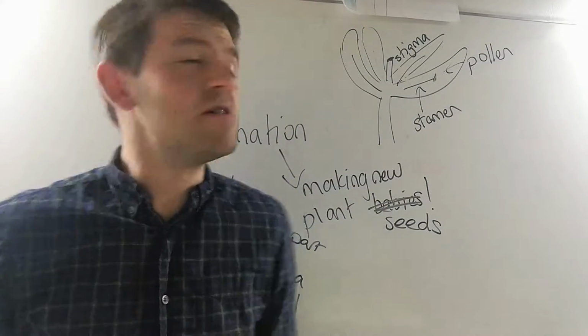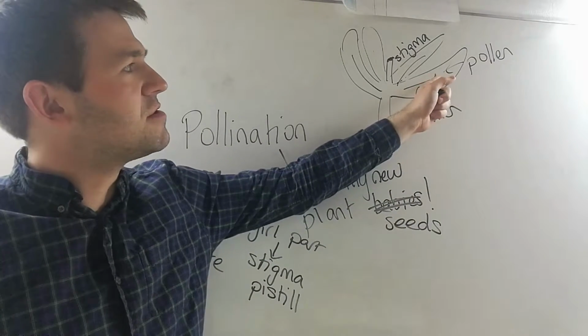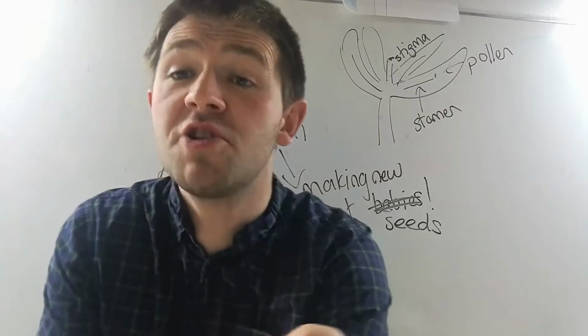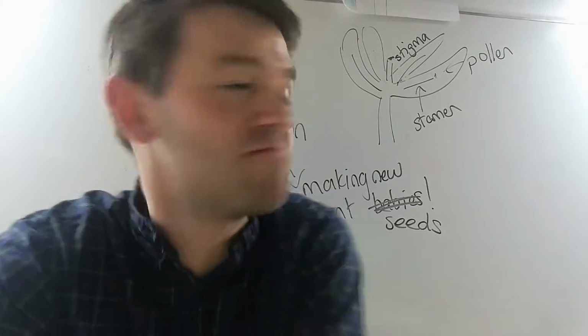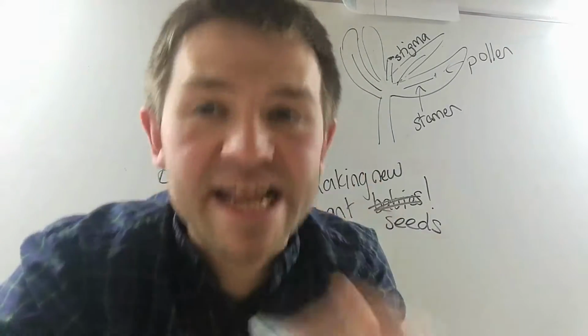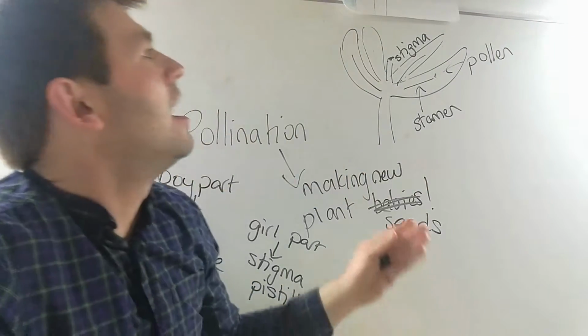Now, you could take the pollen yourself and put it on the stigma. And humans do this. Humans will basically get the plant to make a baby with itself. Sorry, a seed with itself.